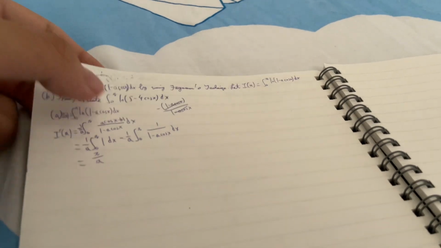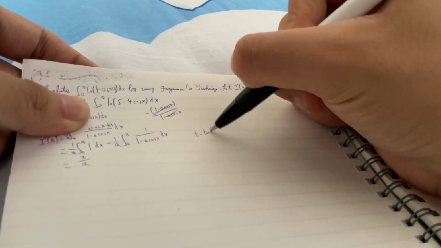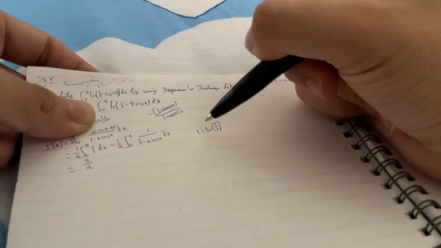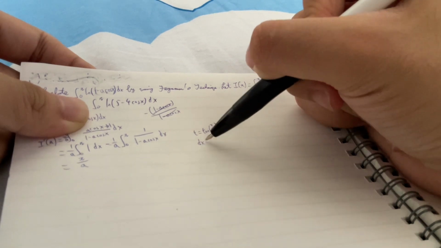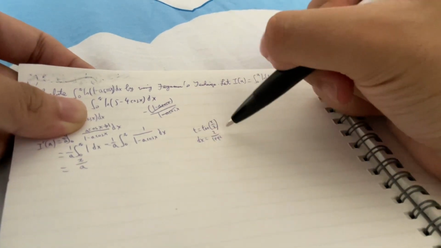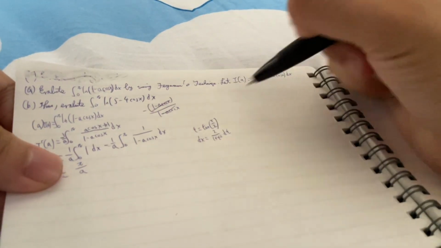So the t substitution is: let t equal tangent of x over 2, right? And then dt dx, our dx will be equal to 2 over 1 plus t squared dt. And then for cos x, let me also write down sine x.